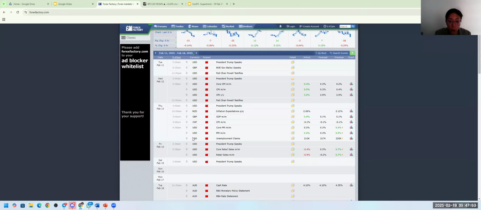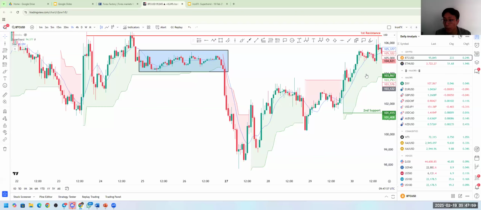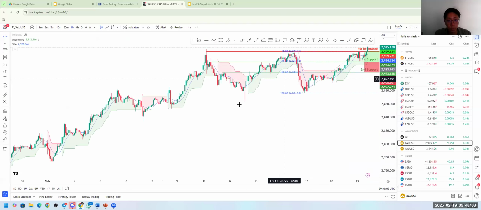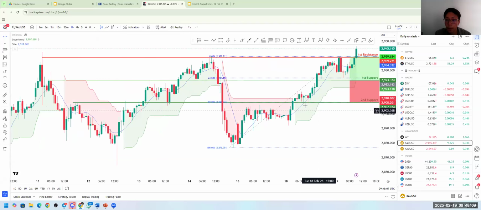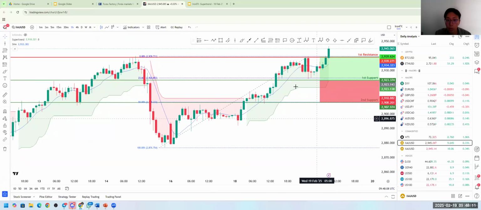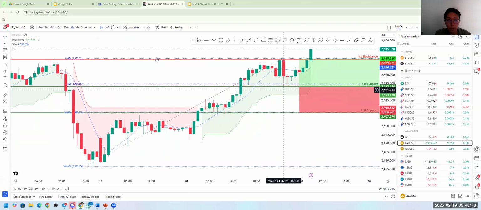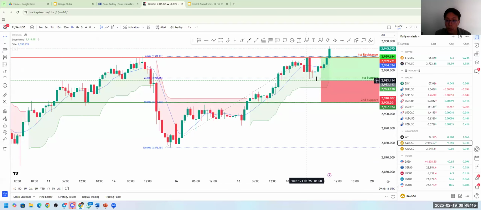February 13, USD unemployment claims, 9:30 p.m. February 13. Let me show you on Gold, for February. Nice, this was one of the trades just now.